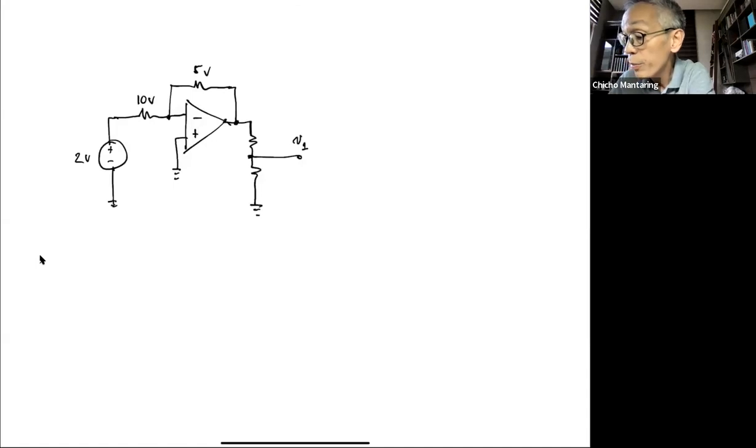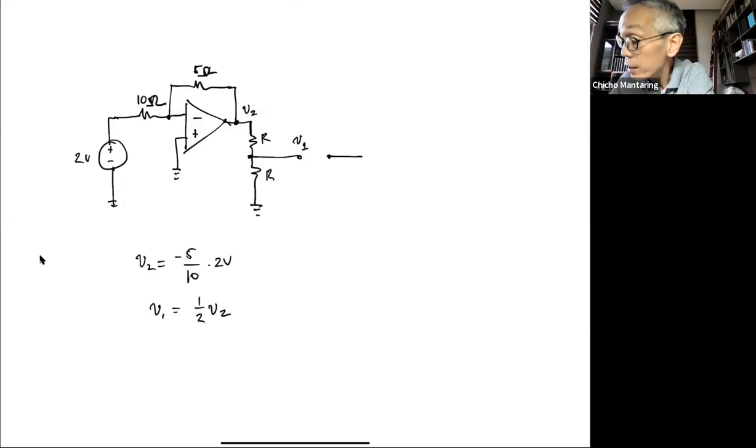What is the value of V1 going to be? Let me call this V2. V2 is equal to minus 5 over 10 times 2 volts, because this is an inverting amplifier. And then let's say this is R and this is R. V1, by voltage divider, will be equal to 1/2 V2.